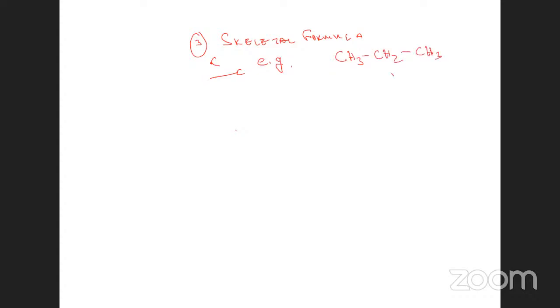Now what is this one? This is a displayed formula. But out of this, if I'm going to do a skeletal, I will draw like this. That's it. That is the skeletal form of that.